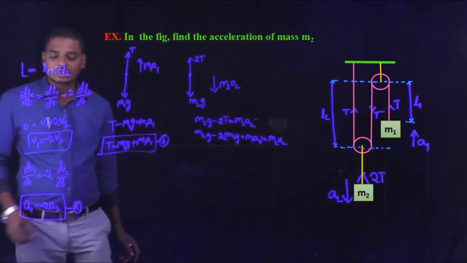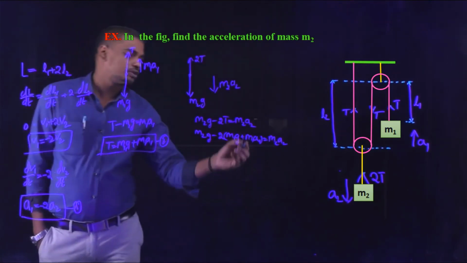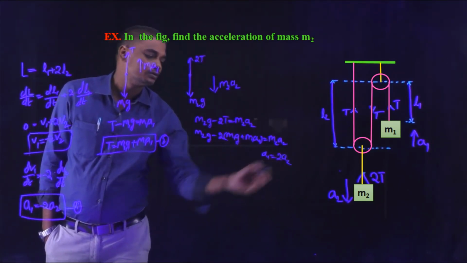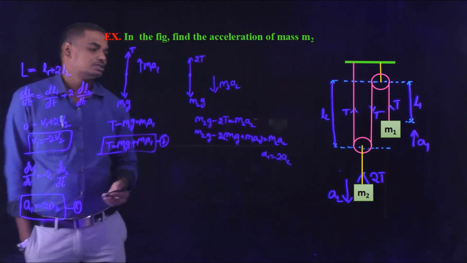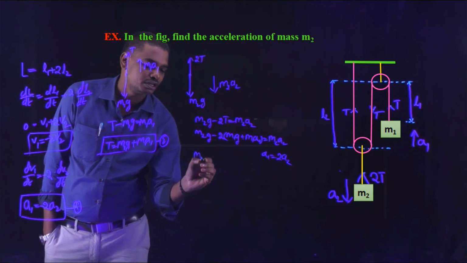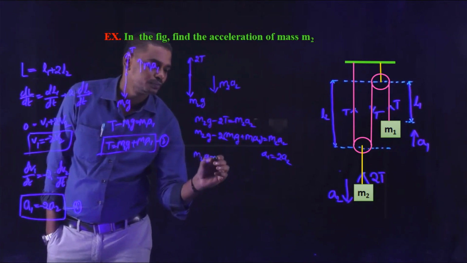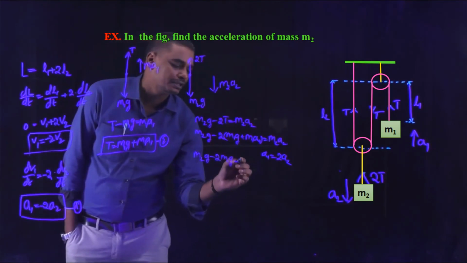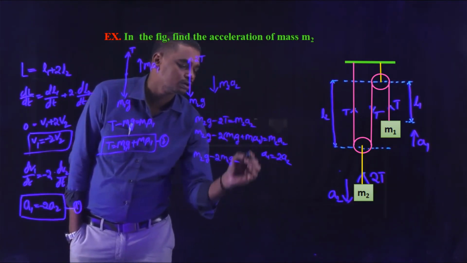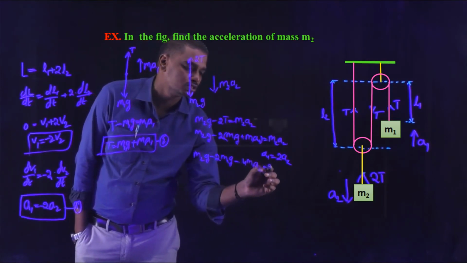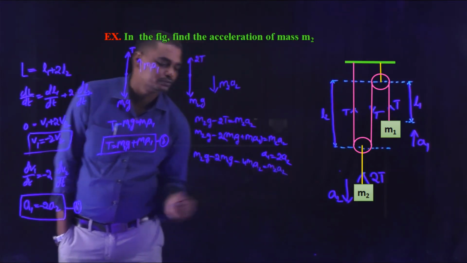So substituting a1 equal to 2a2, as we have denoted the direction of acceleration, the equation can be written as m2g minus 2m1g minus 2 into 2, that is 4, m1a2 is equal to m2a2.